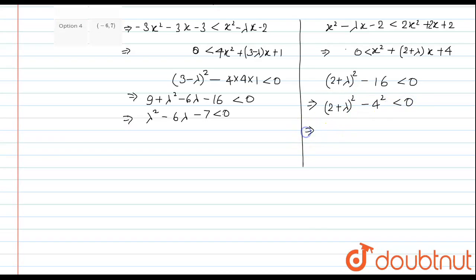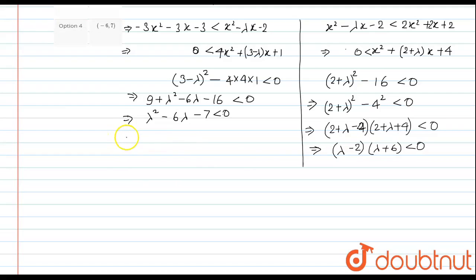Or we can apply the a square minus b square formula. This equals (2 plus lambda minus 4)(2 plus lambda plus 4) is less than 0. Or (lambda minus 2)(lambda plus 6) is less than 0.